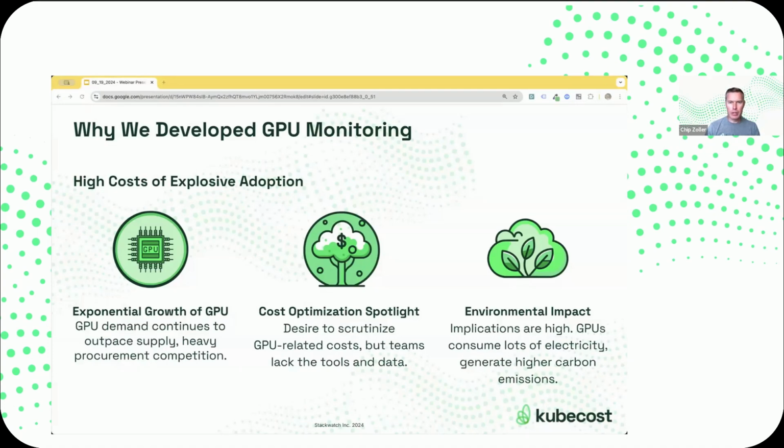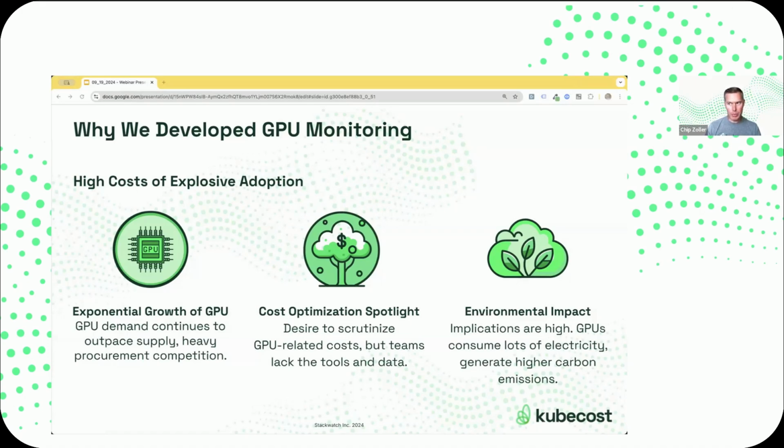Doesn't matter whether you're running Kubernetes on premises and you're trying to do the mad dash grab for physical GPUs to implant in your servers, or whether you're trying to negotiate with reserved instances and committed use discounts for cloud instances. We've got a proliferation of GPUs out there. So we've got to be able to understand where these costs are going from at least the high level perspective.